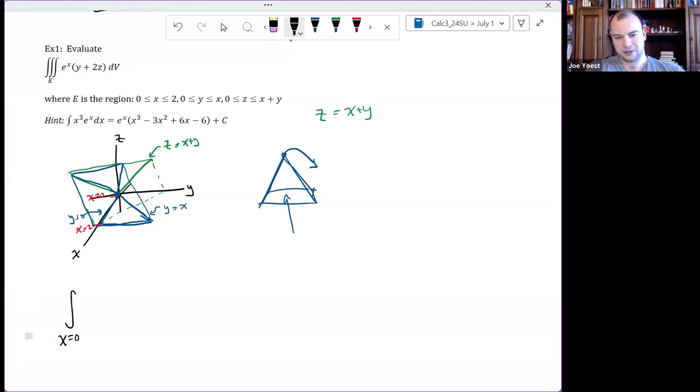So let's put x on the outside. We'll put y as the middle integral. Y goes from 0 to x. And then z as the inner integral.